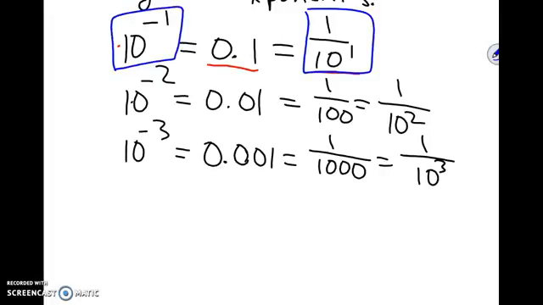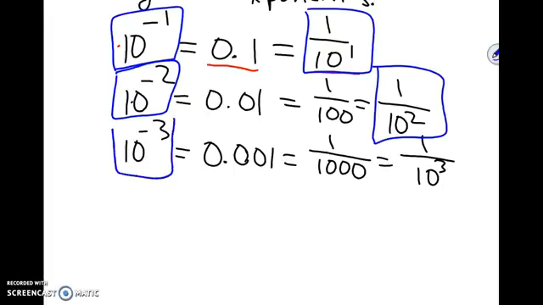Think about that. How about this one? 10 to the negative 2 equals 1 over 10 squared. Think about that. What's that pattern there? And does that pattern work here? See, 10 to the negative 3. We know that equals 1 over 10 to the 3.